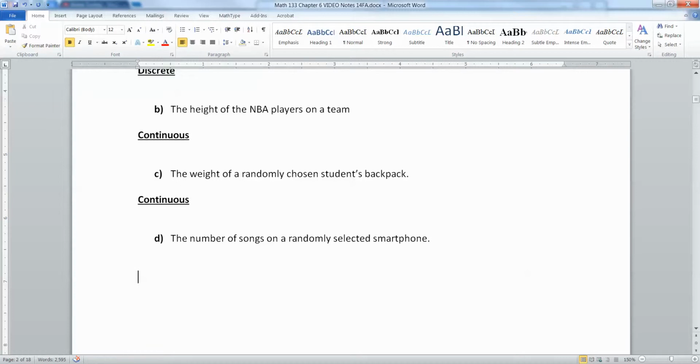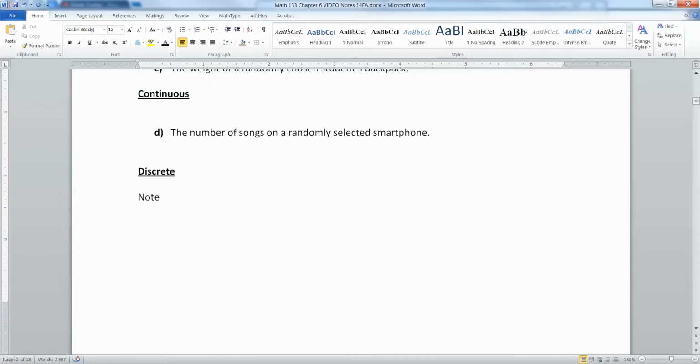The number of songs on a smartphone, well, you either have 700 songs or 701 songs or 702 songs. So that is discrete. You can't have 2.36 of a song. So if you wanted to make a note to yourself, the time of all your songs total would be continuous, right?